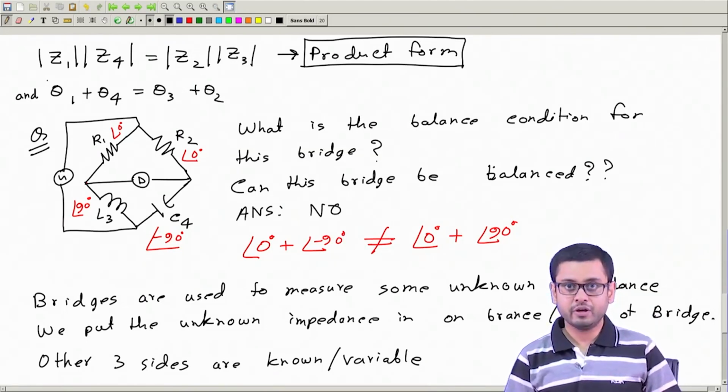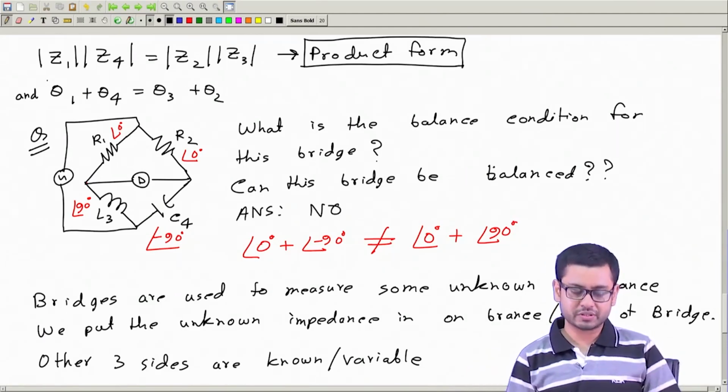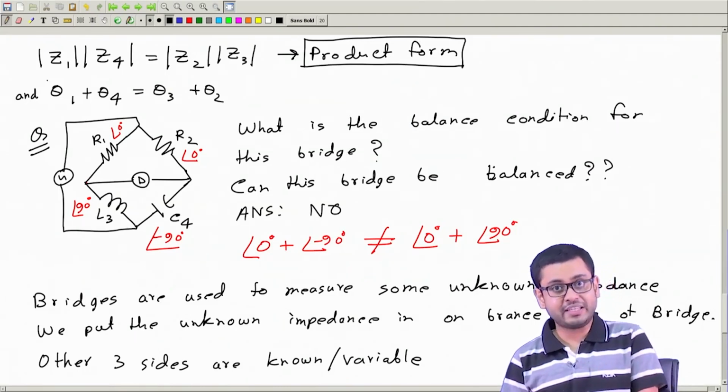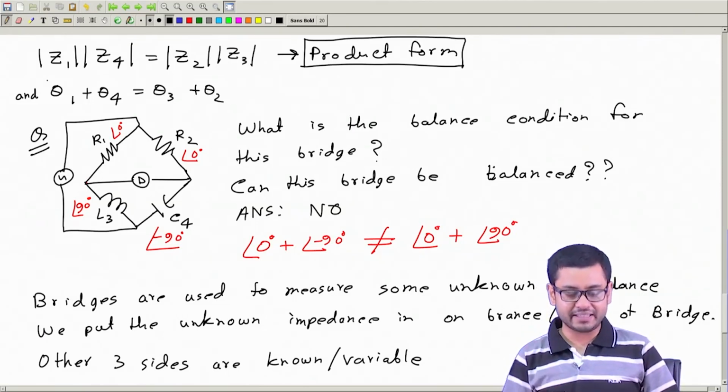This is our task. Configure a bridge with one unknown and three knowns and find the balance condition, and then from the balance equation find the unknown value.